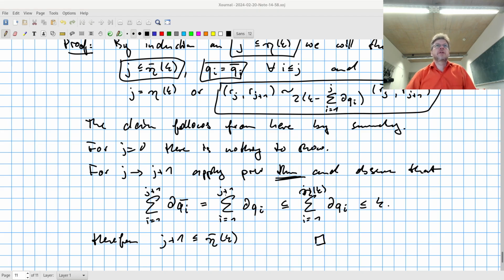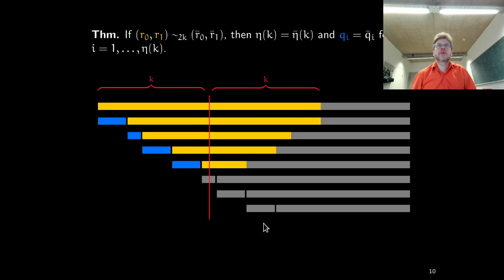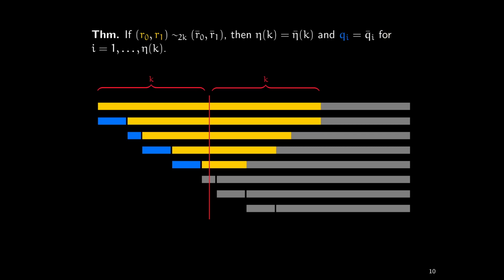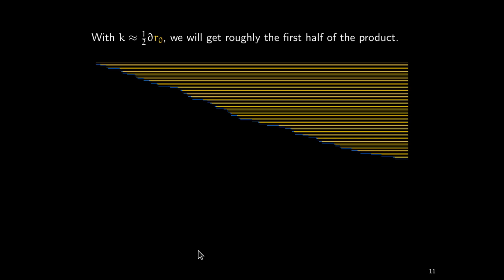And okay, now we are almost done and can put things together. What we now do is we look at a slightly more fine-grained picture compared to this one. Look at the bigger case.